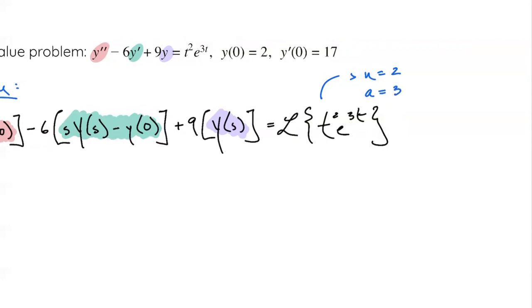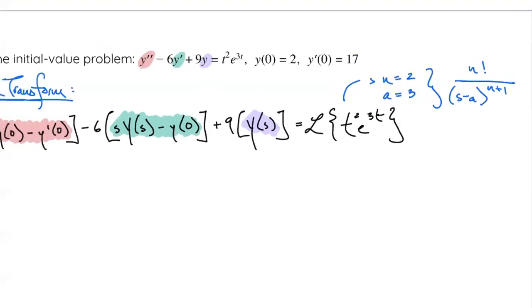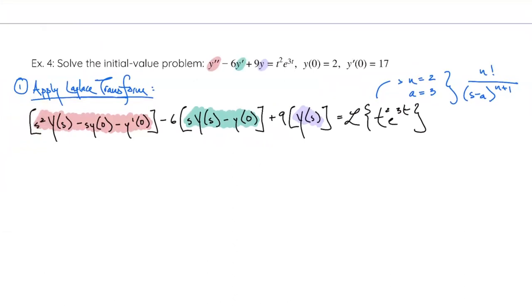Okay. And if we think about what we're plugging it into, we want to have n factorial over (s minus a) to the n plus 1. Okay. And so if we go ahead and plug that in, we're going to end up with 2 over (s minus 3) to the third power, right? 2 over (s minus 3) to the third power.